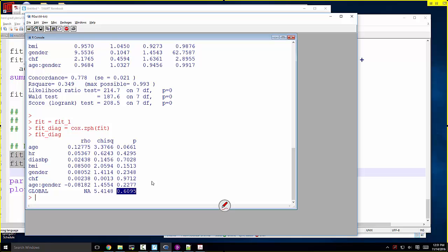If we look at the individual p-values, there's only one that is close, that's age. So we have mild evidence, moderate evidence maybe, of a non-proportional hazard with respect to age. Overall, the model looks like it's making reasonable assumptions.